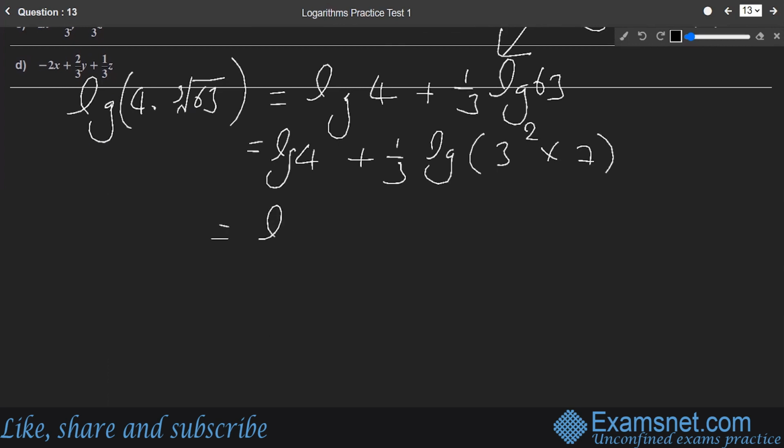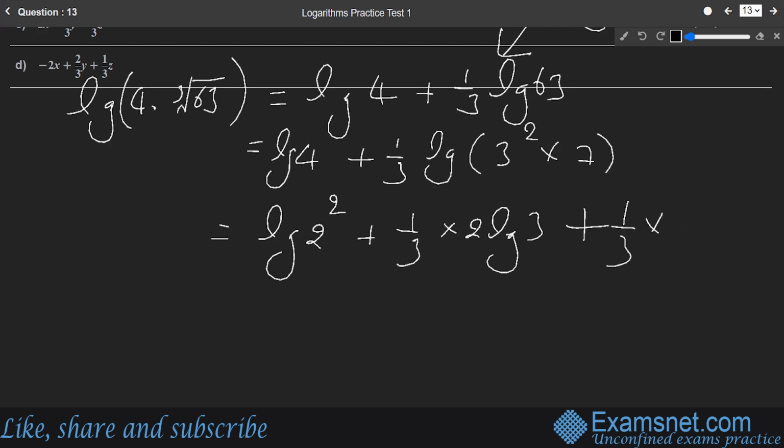Log 4 can also be broken down as log 2 square, plus the next part, 1 by 3 times log of 3 square into 7. Log 3 square can be written as 2 log 3, and log of m into n is always log m plus log n. So we can break it as 1 by 3 into 2 log 3 plus 1 by 3 into log 7.